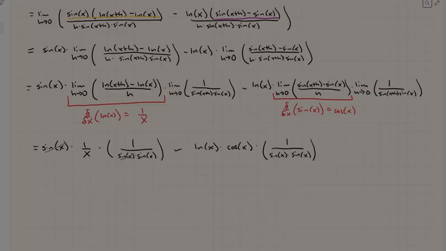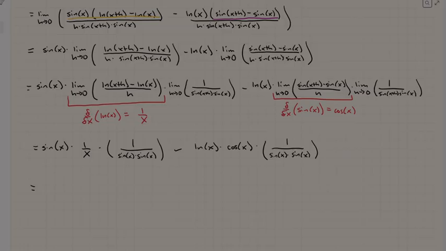Well, actually, in order to show the pattern that we want to see to determine our rule for dividing derivatives, rather than canceling it, we're going to go ahead and combine, since these will have the same numerators.